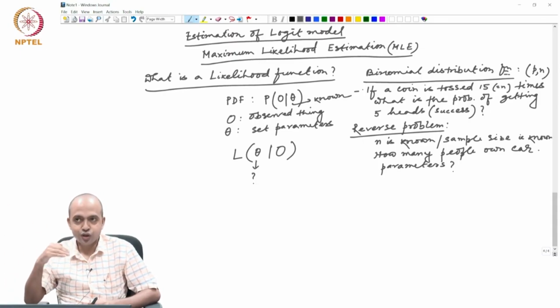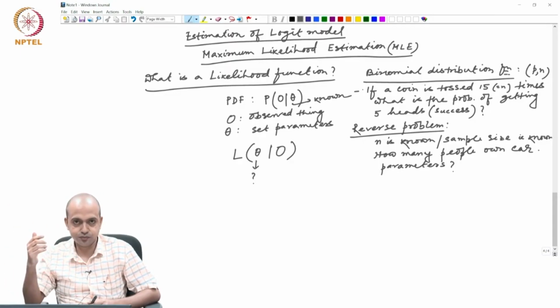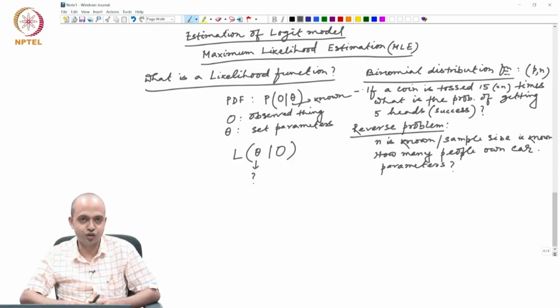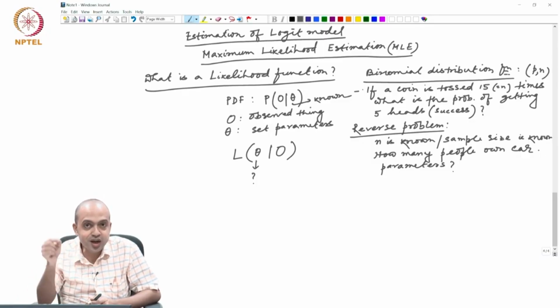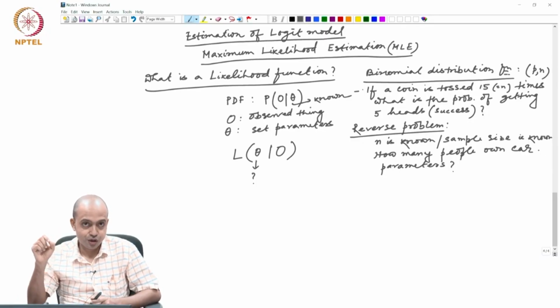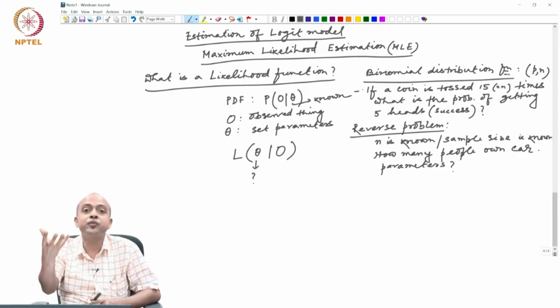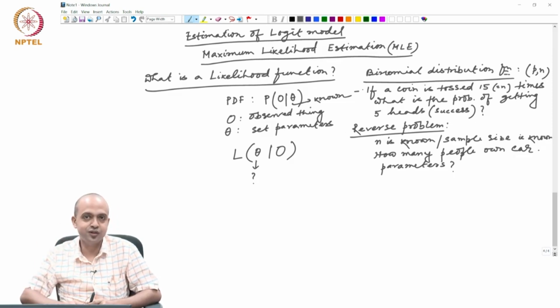So, if you change the parameter, you will get a different type of probability distribution function. I would like to get that set of parameters that will maximize the likelihood of observing that particular sample.